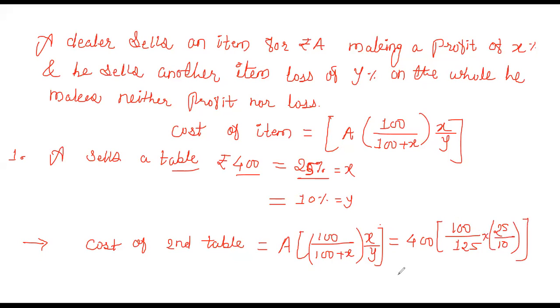So 400 into 10 by 5. What is the cost of the second table now? 400 into 10 by 5 is 800. Yes, it is 800.